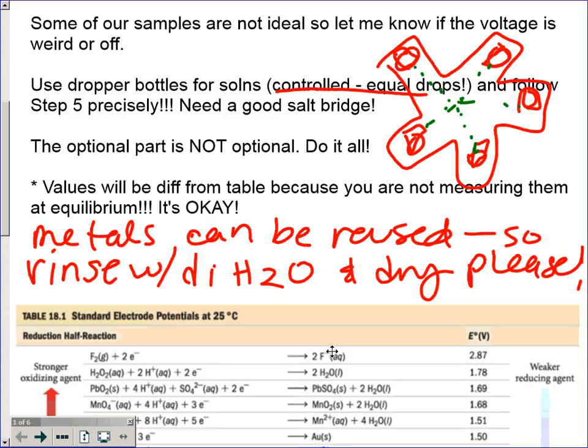Always keep them near so you can keep track of which one's what.